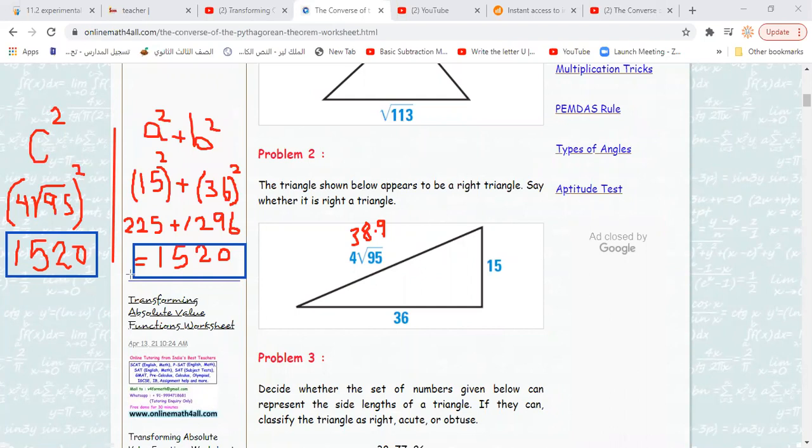Someone said, Miss, do you have a question? 225 plus 1,296. The sum of the second one will be 1,521. 36 to the power of 2, it will be 1,296 plus 225. It will be 1,521.